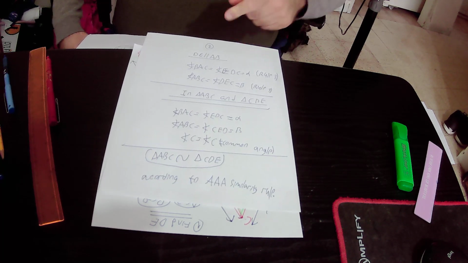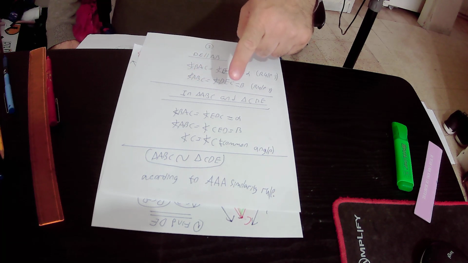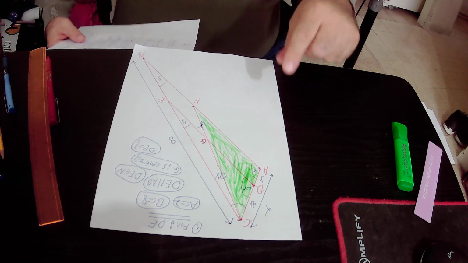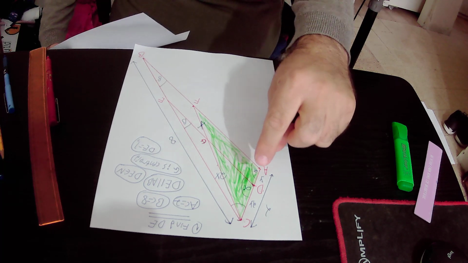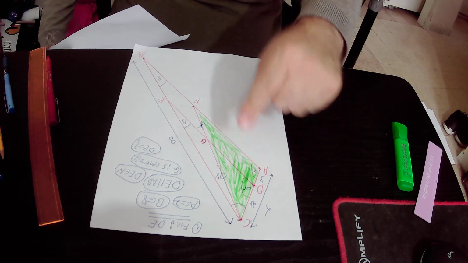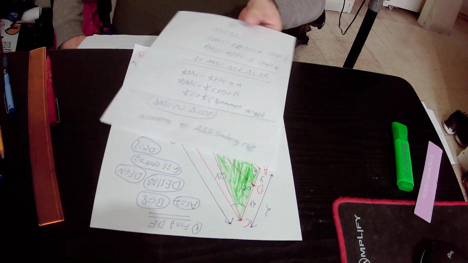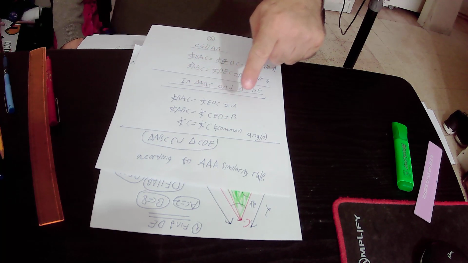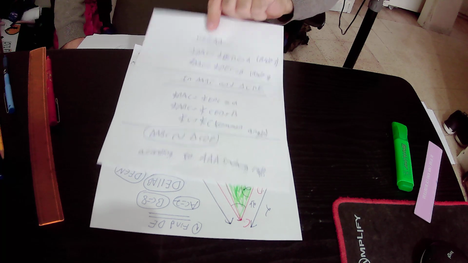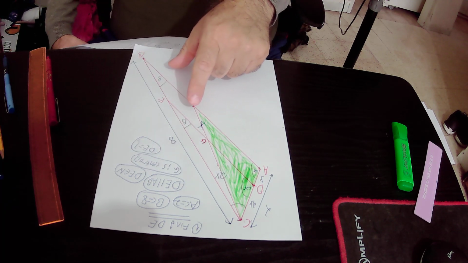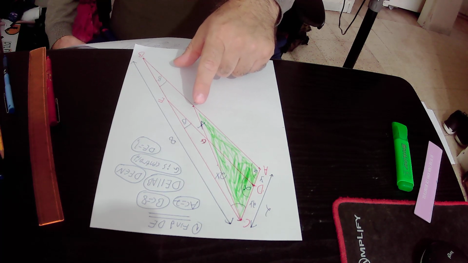Why? Because we have angle BAC that equals angle DEC, and both of those angles are equal to beta. And angle BAC equals angle EDC, and both of those angles are equal to alpha. And we also have angle ABC that equals angle CED, and both are equal to beta. Those two angles are corresponding angles, and they are equal to each other.